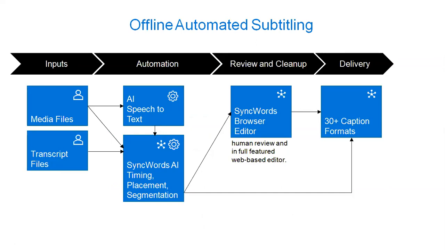We also can do auto placement, segmentation, and then from there, the review and cleanup typically is a human aspect to the workflow. The review and cleanup happens with our Syncwords browser editor. We have several tools on our website that allow customers to review what the ASR has completed, or they can simply have contractors or in-house staff review the results right in the browser.